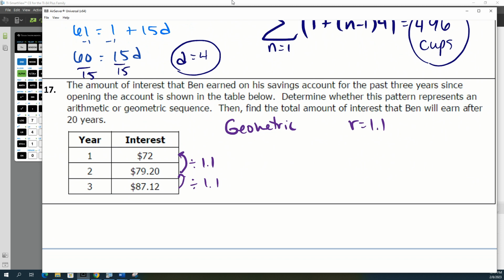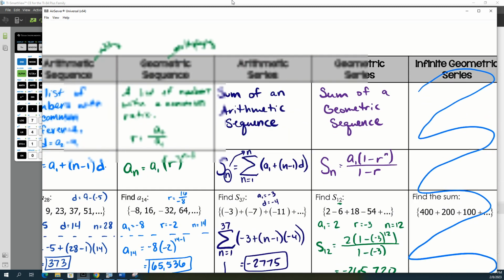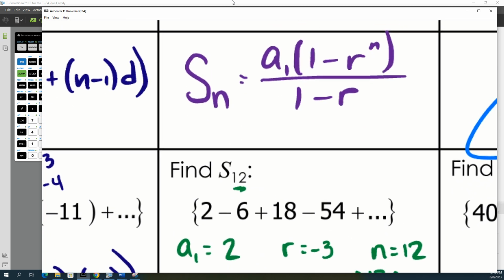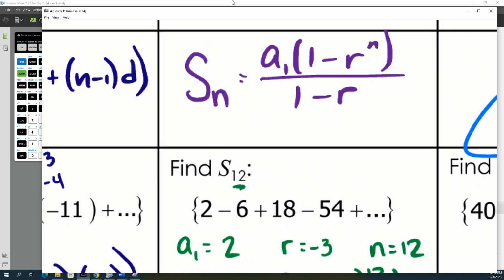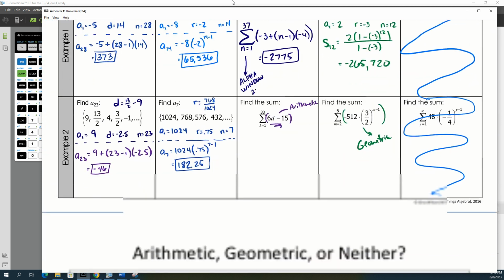All right. Am I going to do a sum here, or am I just going to do a term? If I want the total amount of interest, we're going to do a sum. We're going to do the sum of 20 years. Okay, the sum formula we haven't talked about today for geometric sequences is this one. So I'm just going to put 20 in for n. I'm going to put 72 in for a sub 1 and 1.1 in for r.